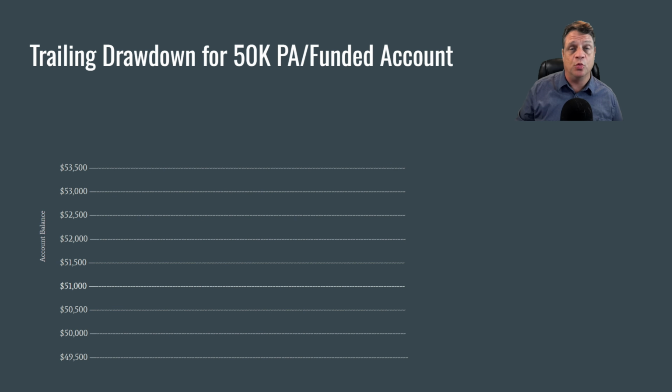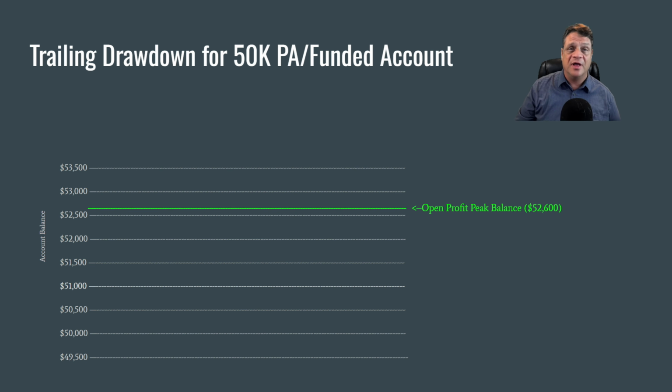Let's look at it again with a visual example. And what I am teaching you here applies to all the account sizes, but we are going to stick with the 50K account because it's the most popular. So for a 50K account with a trailing drawdown threshold of $2,500, your trailing drawdown threshold will stop once your open profit peak balance reaches 52,600.